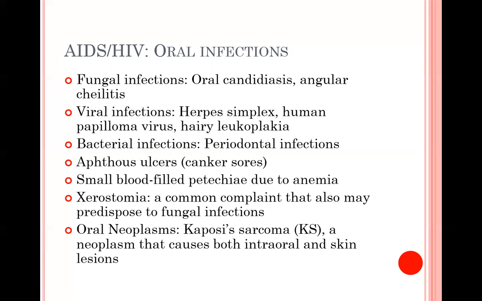Aphthous ulcers or canker sores, they might just have mucositis or sores in their mouth. Small blood-filled petechiae due to anemia, so they may be anemic, and we could see those little petechiae in the oral cavity. Xerostomia is a common complaint that can also occur with candidiasis. And then oral neoplasms such as Kaposi's sarcoma, which can be intraoral or extraoral. We'll talk more about those in a minute.